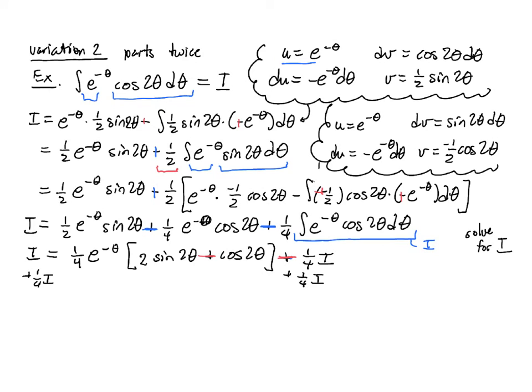I plus 1/4 I is 5/4 I, and that's equal to this 1/4 e to the minus theta times the quantity 2 sine 2 theta minus cosine 2 theta. And I multiply both sides by 5/4 to find that I equals... 4/5 is what I need to multiply by.